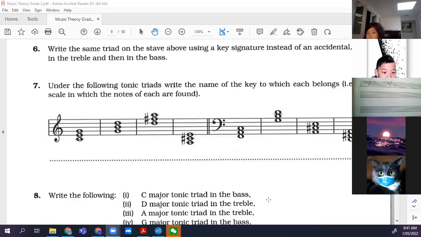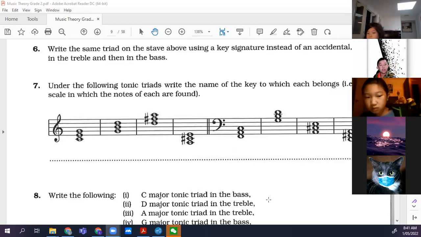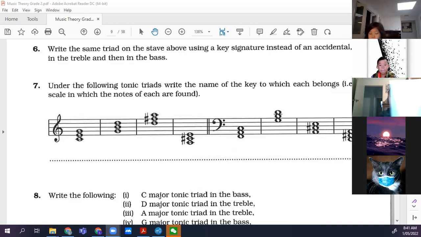Okay, Hazel, remember the F sharp comes before the C sharp because that's just the way sharps go, unfortunately. Eva and Hamish, are you guys finished? Okay, Hazel, very good.